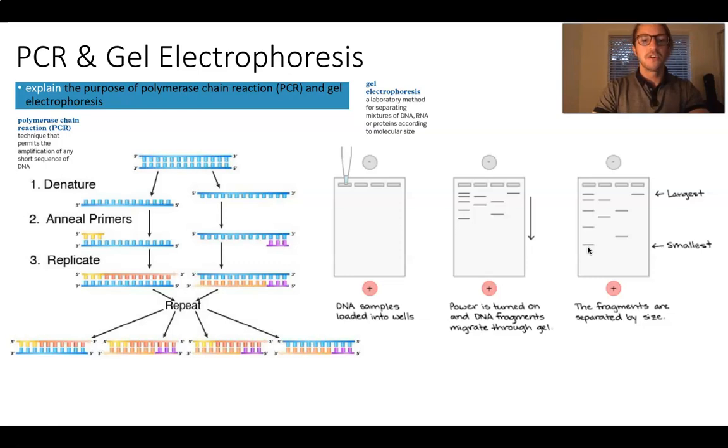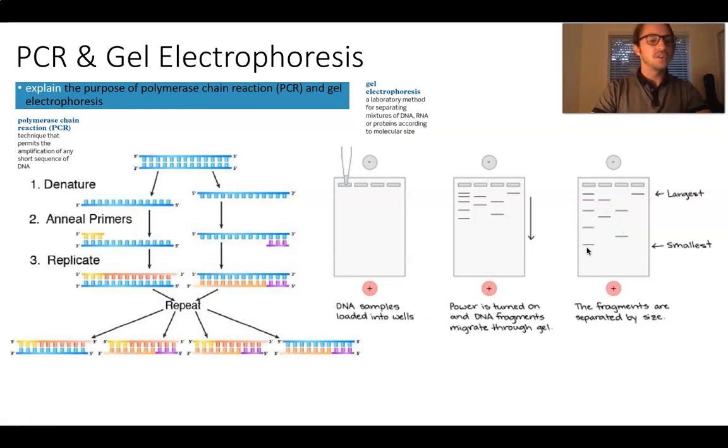So essentially, gel electrophoresis gives us an indication of fragments quantity as well as what they are. So the thicker the bands, the greater the quantity of that particular fragment.